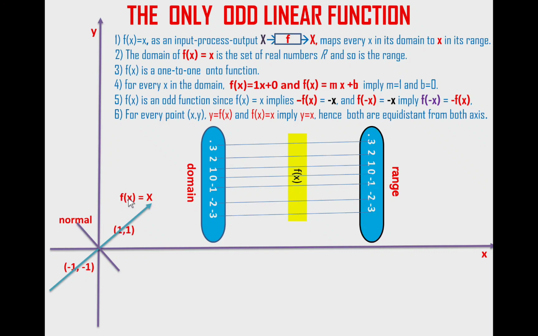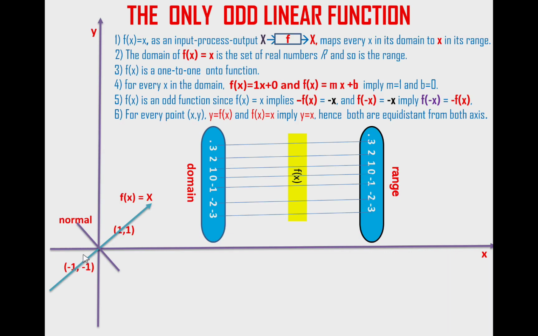So the conversion for the function f of x equal to x, crossing the normal, will be for both coordinates, not just for one coordinate. Because of this fact, the same thing applies if we look at 2, 2: the image of it will be minus 2, minus 2.